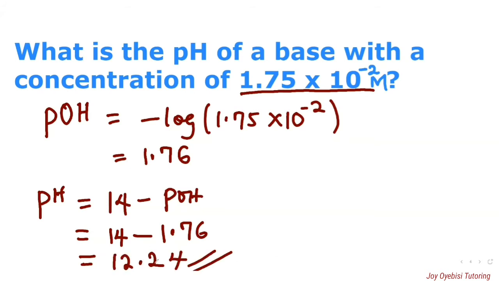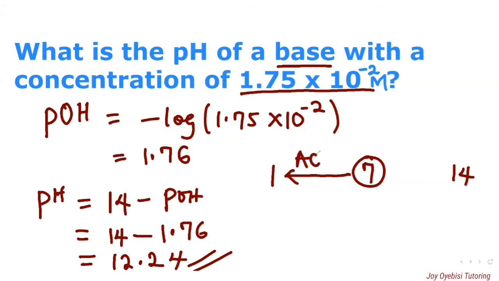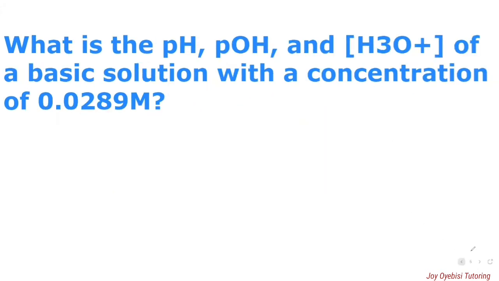And this makes sense because this is a base, and of course, using the pH scale of 1 to 14, down from 7, which is the neutral point, down to 1 is acidic, while from 7 up to 14 is basic, right? So if the pH is 12.24, this tells us that it's a basic solution, which makes sense because this is a base, right?